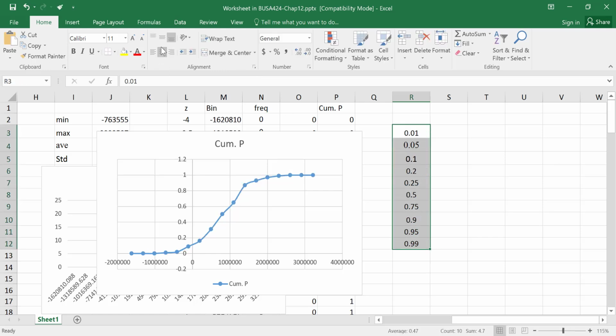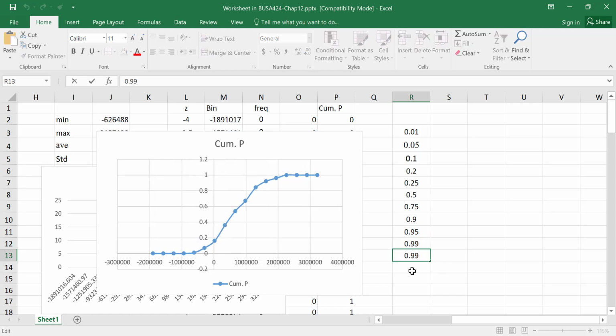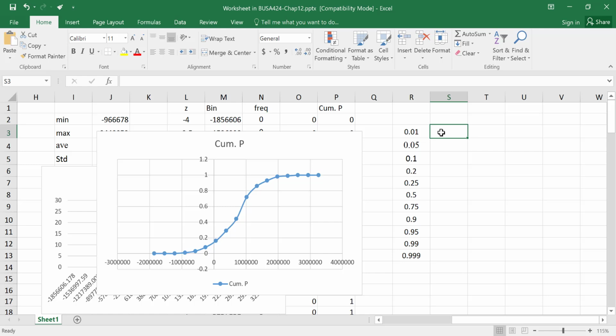So assume these are the values, which start at 0.01 up to 0.9, and let's have one more value, which is 0.99.